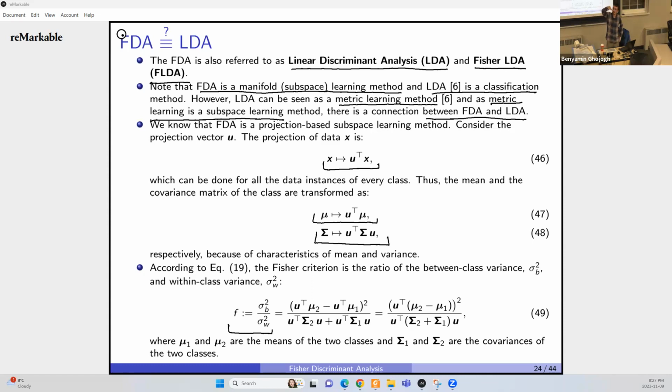Between scatter over within scatter, right? So U transpose mu2 minus U transpose mu1 squared is the scatter between classes after projection, right? U transpose sigma 2 U plus U transpose sigma 1 U, I'm assuming I have two classes, is the summation of the within scatters, right? Now I factor out U transpose and U. Also here I factor out U transpose. I will get this.